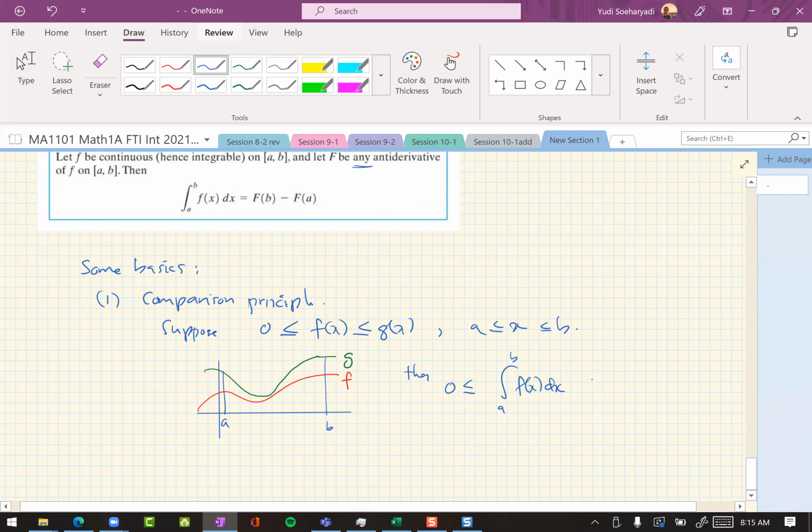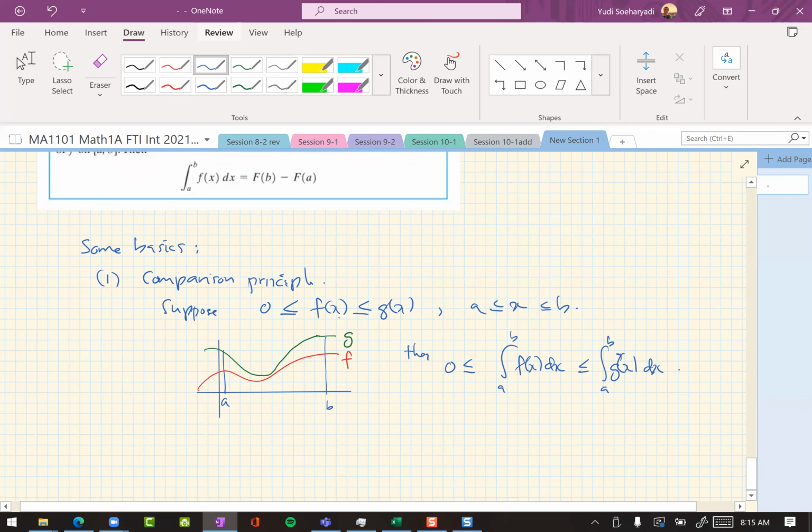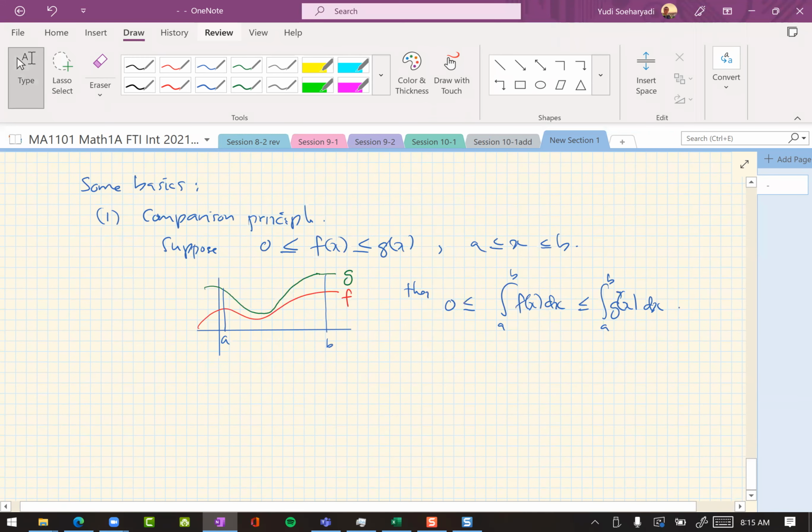So the integral of F is less than the integral of G. This is what you call the comparison principle: if F is less than G, then the integral is also less than that. Okay, so that's comparison.